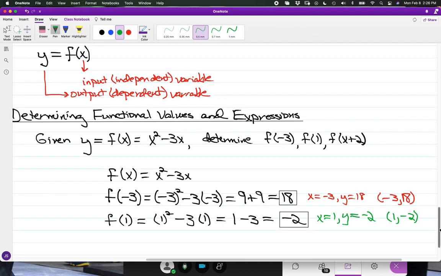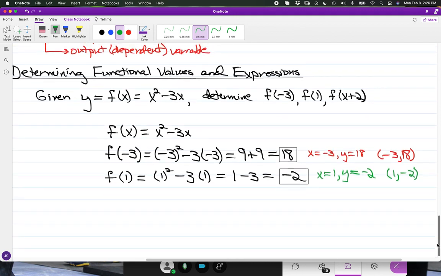Now, if I go from one variable expression to another, and say instead of the input at x, I change the x to x plus 2, what would the output become? I'm still going to operate with x plus 2 in accordance with what is prescribed for f of x.